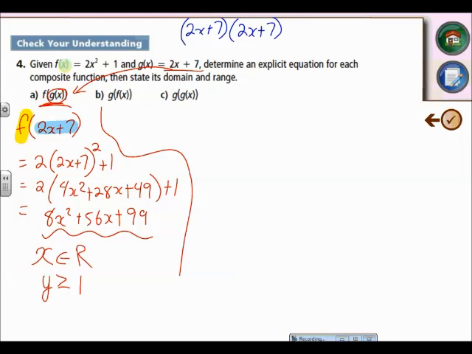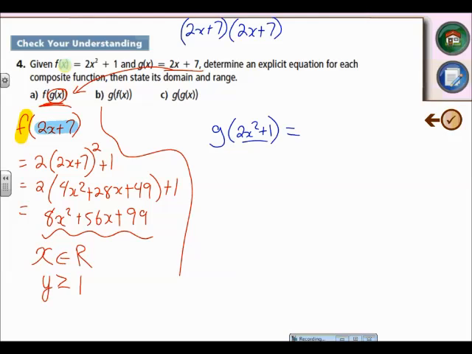Next one, g of f at x. Go in the other direction. Take your f of x and plug it in. Substitute that in. So we've got g of the f, which is 2x squared plus 1. Substitute, hey, into the g equation, wherever you see an x, put that.